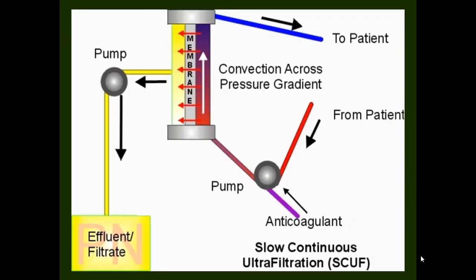So this is what is happening. You have a pump here which is actively pushing the blood into this system, and you also have a pump here which is sucking things out from this chamber. So it is creating a negative pressure here. A positive pressure here and a negative pressure here, and this helps in exchange of fluid, which we call ultrafiltration.